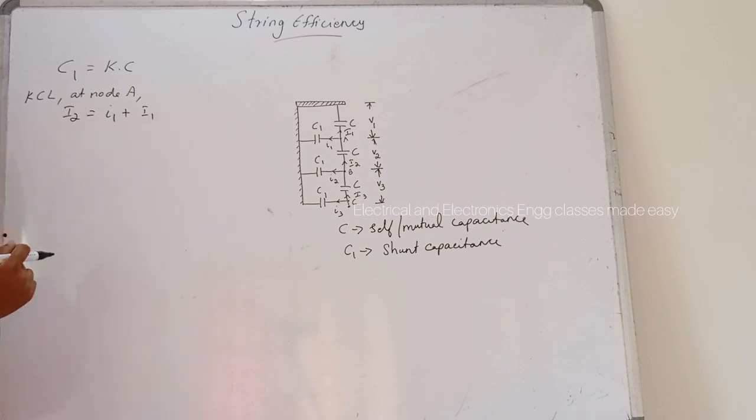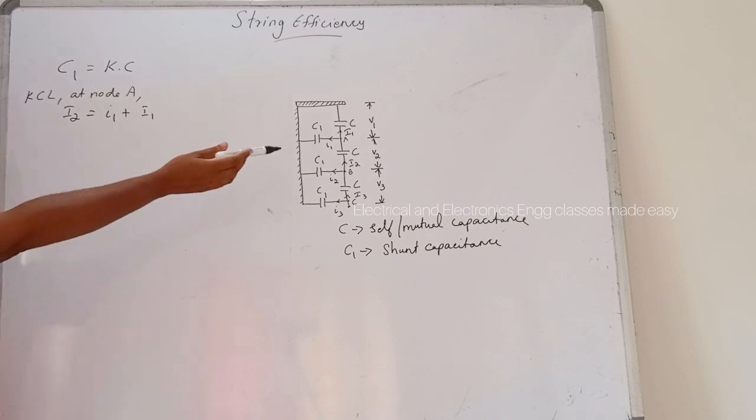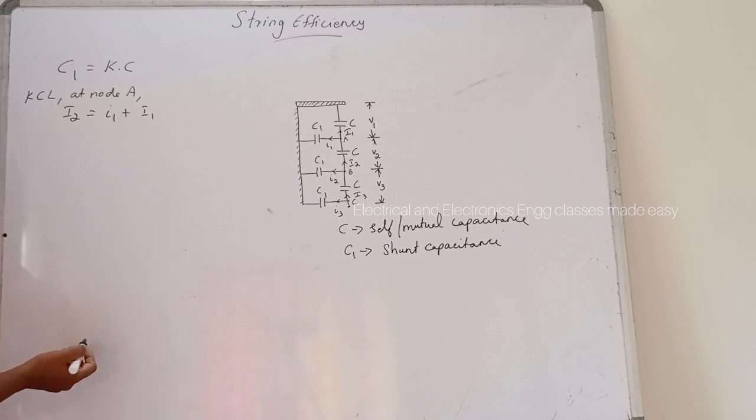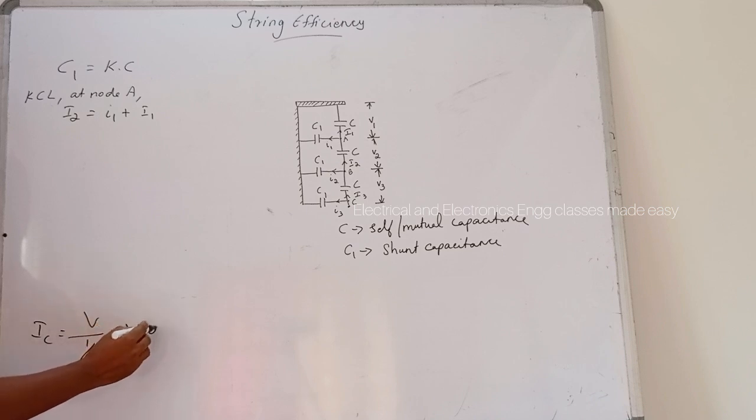Then what is I2 in terms of V2 and C? We know that the current through a capacitor is equal to V divided by XC, and XC is equal to 1 divided by omega C. So we get V omega C as the current through the capacitor.